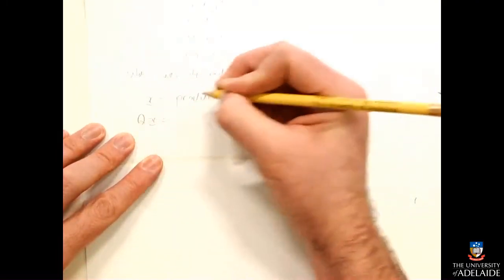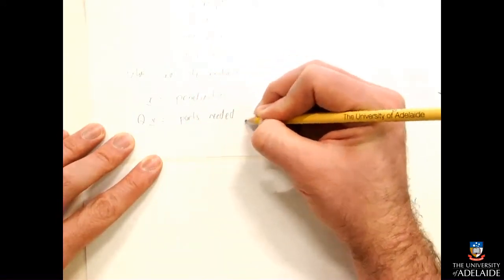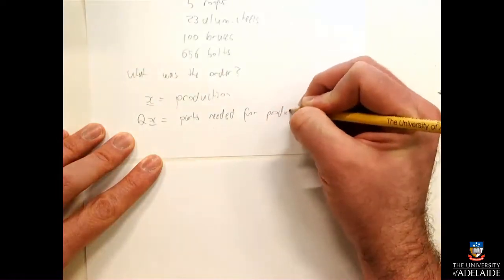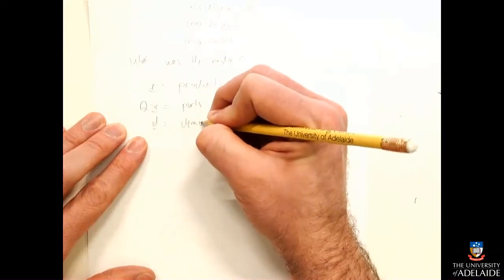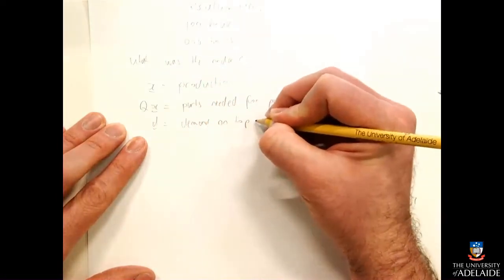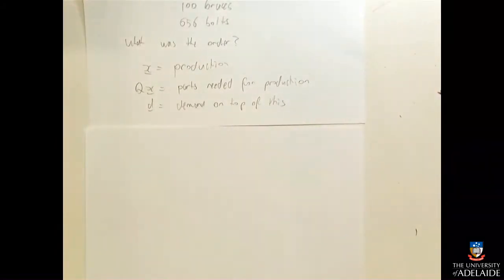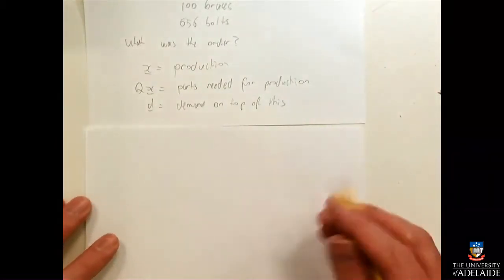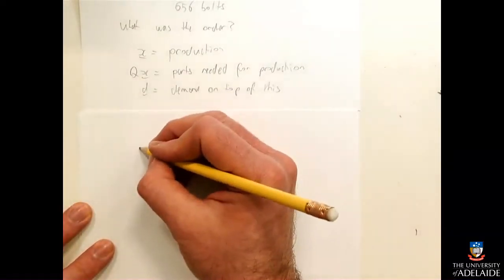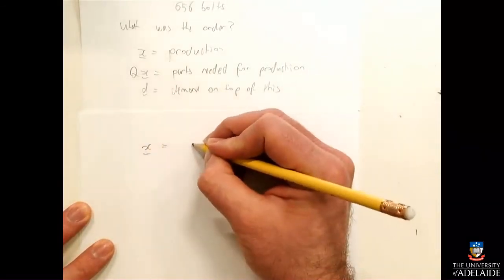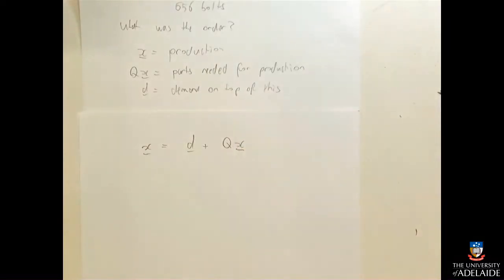Matrix times X is the parts needed for production. And D is the demand on top of this. So it seems to me that the production you make is the demand plus whatever you need to make the production.